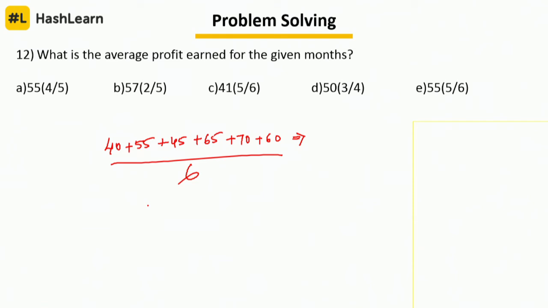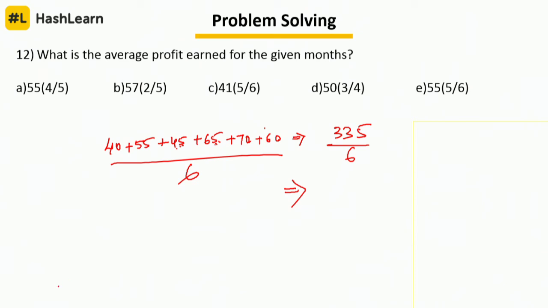So if you add, what will you get? 0, 0, 5, 5, 10, 10 plus 5, 15, carry 1, 7, 7, 14, 14, 24, 24, 28, 28 plus 5, so 60 plus 70, that is 5, 5, 10, okay, plus 5, 15, 5 carry 1, 7, 7, 7, 14, 20, 24, 28.